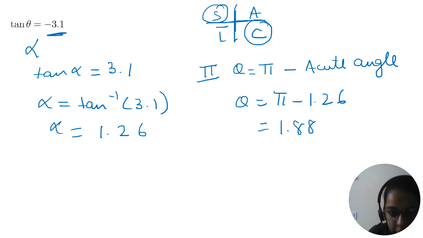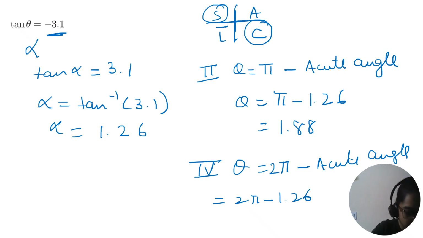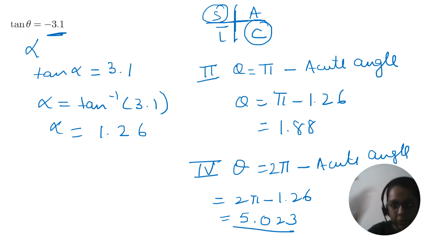When I need to find the value in the fourth quadrant, my theta will be given as 2 pi minus the acute angle. So that gives us 2 pi minus 1.26, and on simplifying from the calculator, it gives me 5.023 radians. So try this trick and you will be able to solve all questions. I hope it is clear.